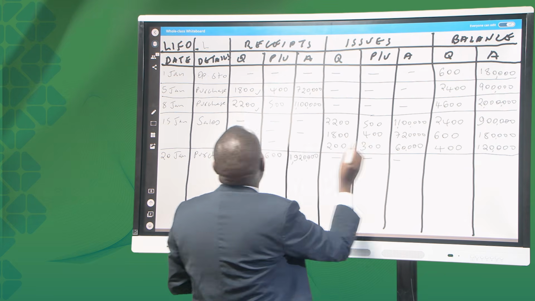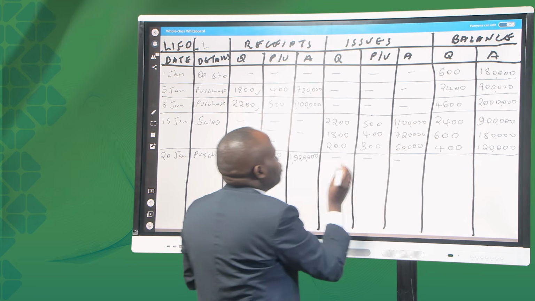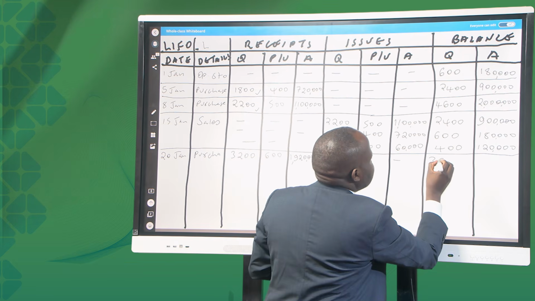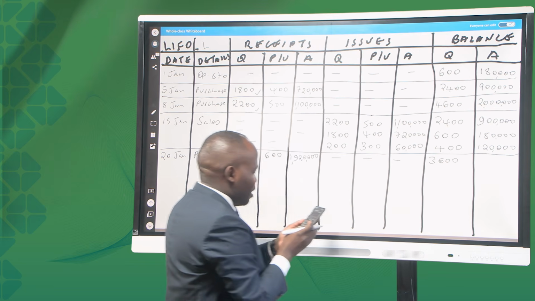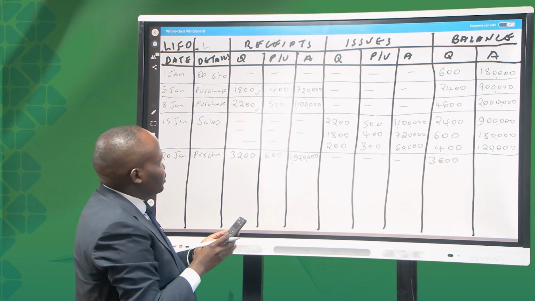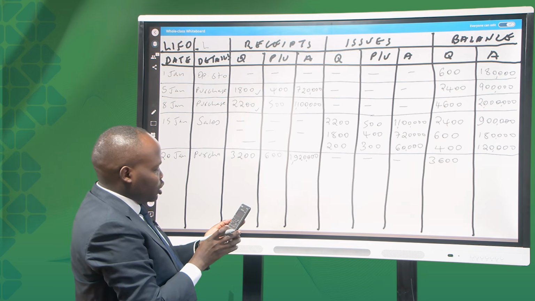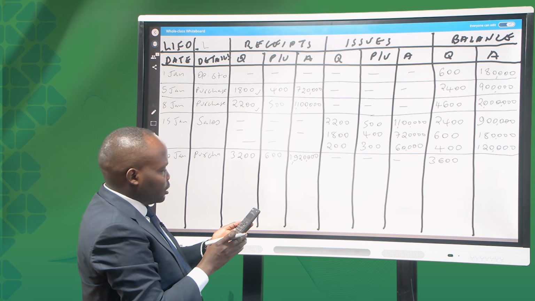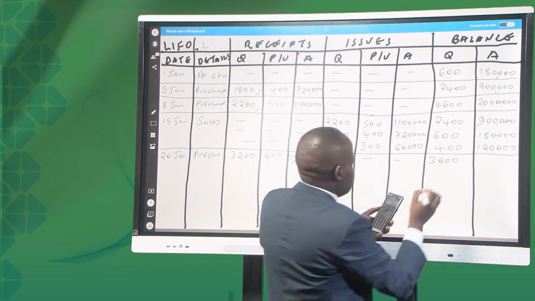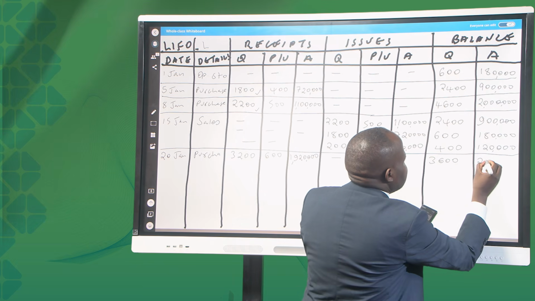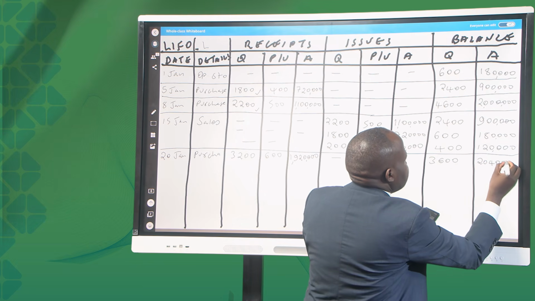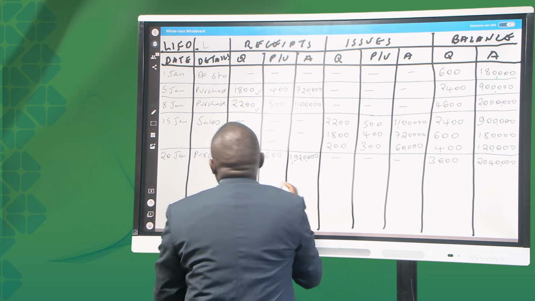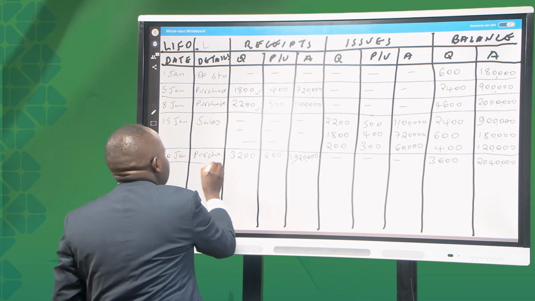Our balance is 400 plus 3,200, which is 3,600. And we have 120,000 plus 1,920,000, which gives you 2,040,000. So we are done with 20th January.